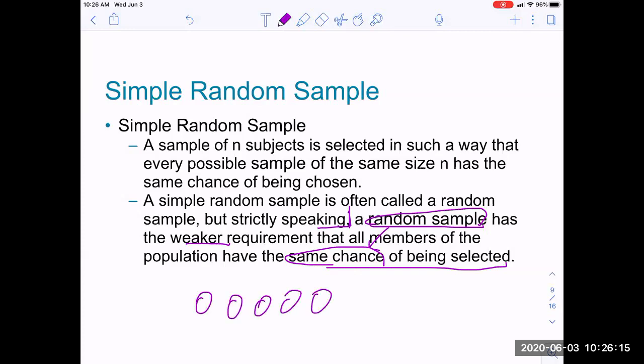I put 5 marbles in a hat. I pick one of them. Well, each one had a 1 in 5 chance. So random. Simple random, we have to look at our sample size, which is always little n, and that plays into it. I'll do this in more depth in the next video.